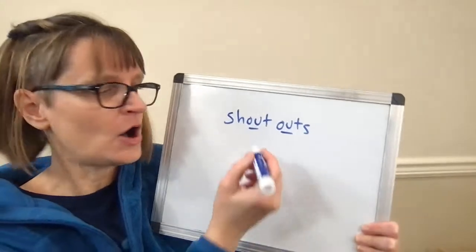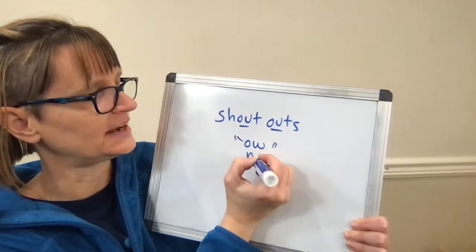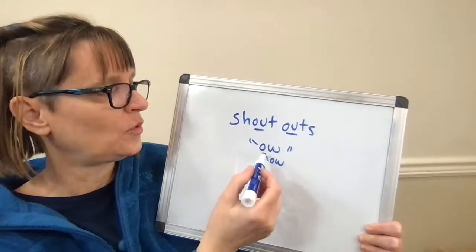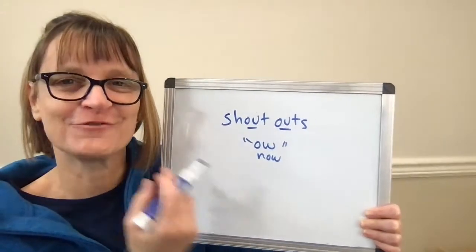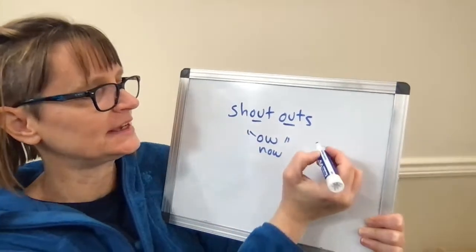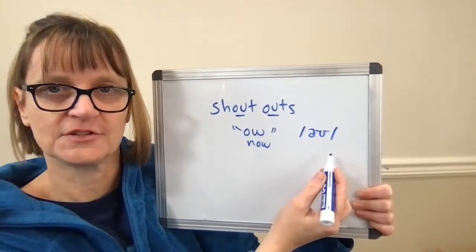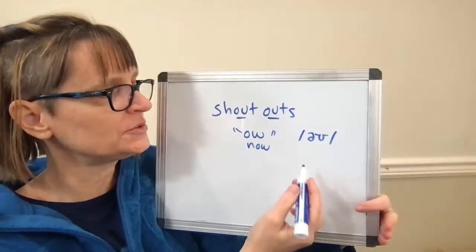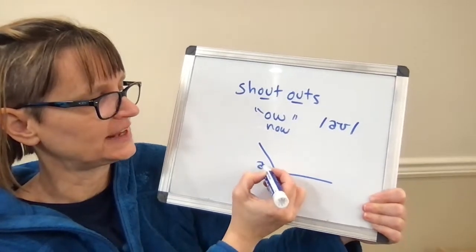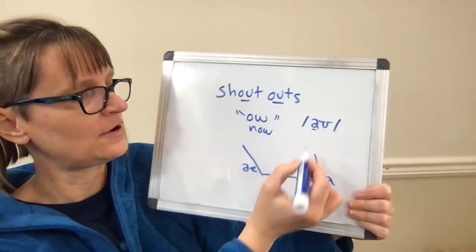But the ow diphthong, we sometimes see it like this in words like now or cow. I recently covered this for my channel members, but basically you've seen in the dictionary, it's this combination. And what we're doing is we're actually not using an a or an ah for this starting vowel here.